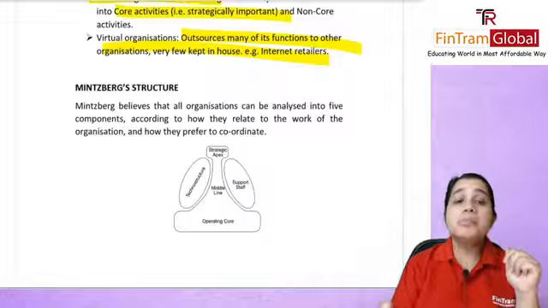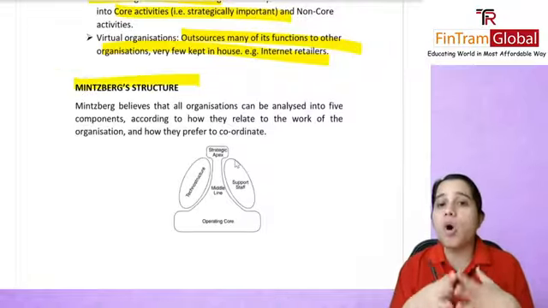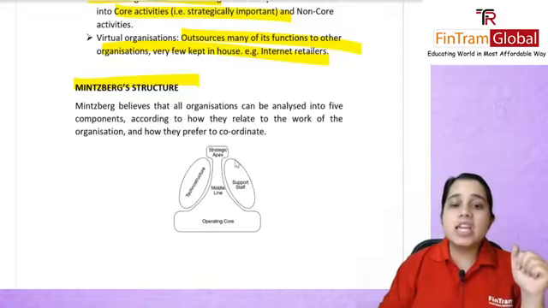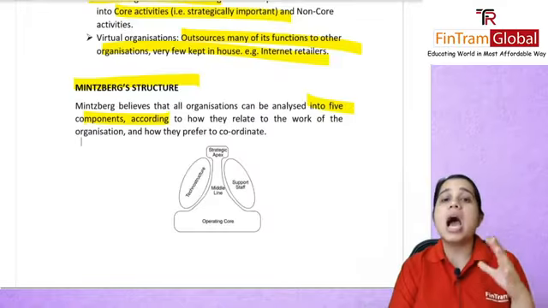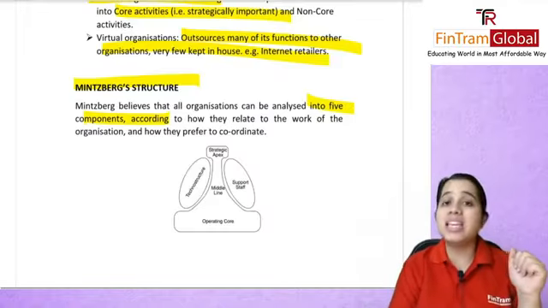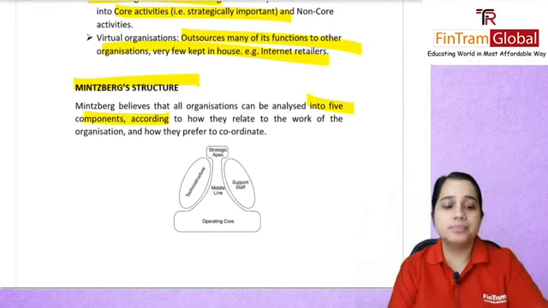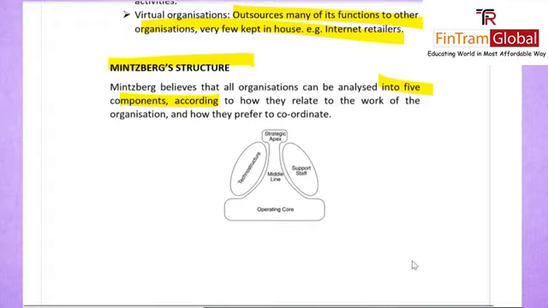Then we have our Mintzberg structure. Mintzberg believed that organizations can be analyzed into these 5 components, and they relate to how the organization will work and coordinate. These 5 components will coordinate with each other. So let's have a look at that. In this diagram, you can see you have your strategic apex.